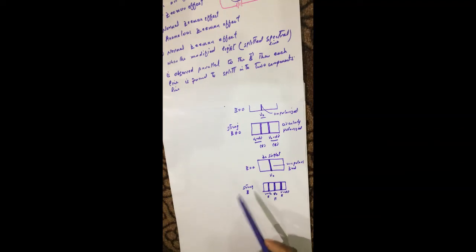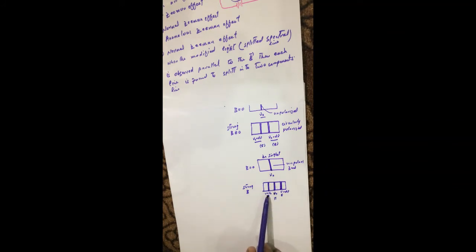So when the modified light is observed perpendicular to the magnetic field, each spectral line is found to split into three components. This central component is called the pi component, and it has frequency nu naught, which is equal to the frequency of the original line.